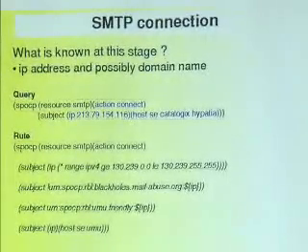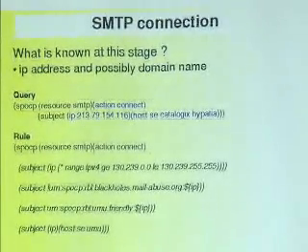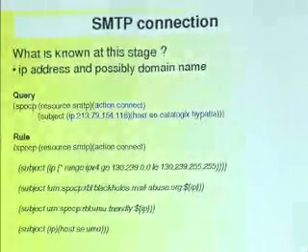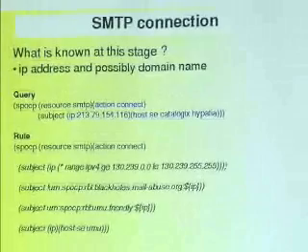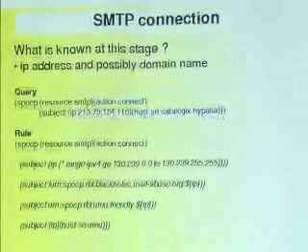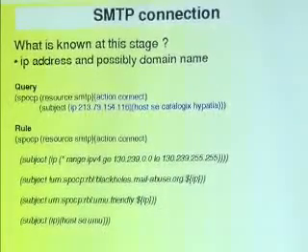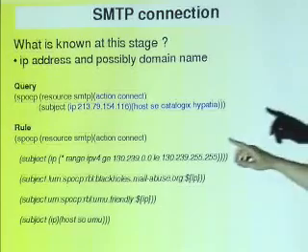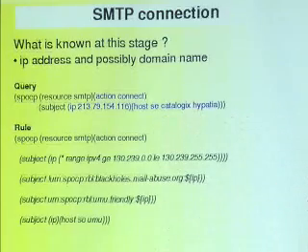So a query in this case would look something like this. The resource is SMTP. By the way, this is a convention we have used when it comes to building these S expressions, that you split it up into resource, action, and subject. It's not necessary to do that.